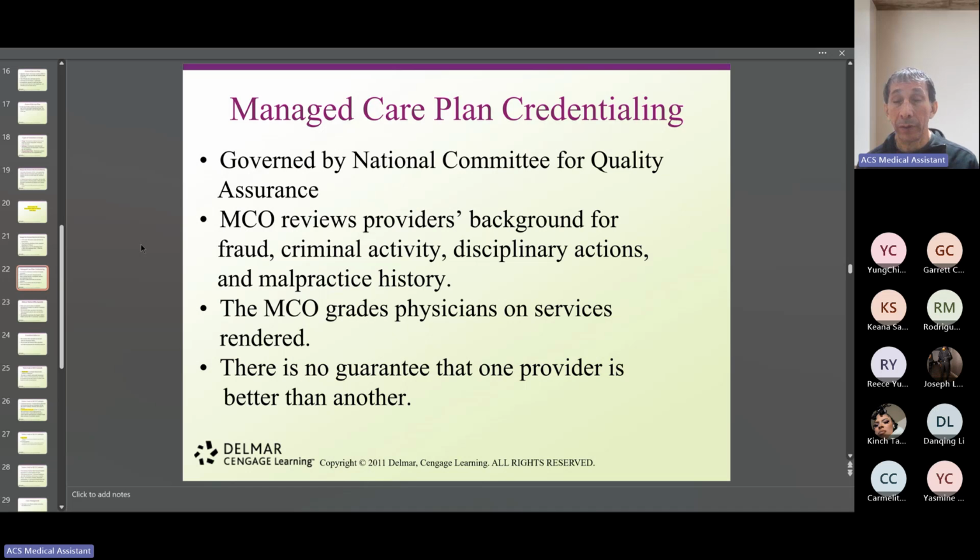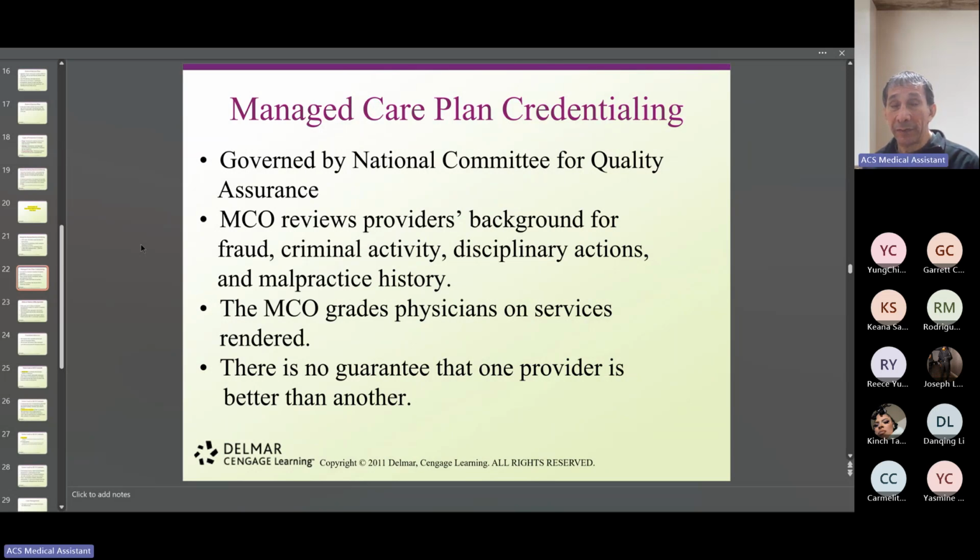Because remember, we are part of the hospital, and if someone on the staff does something illegal, it is going to reflect on the hospital as a whole. So that's basically what it is.